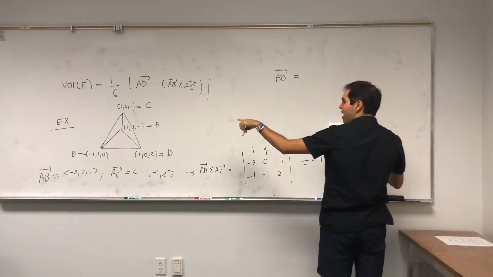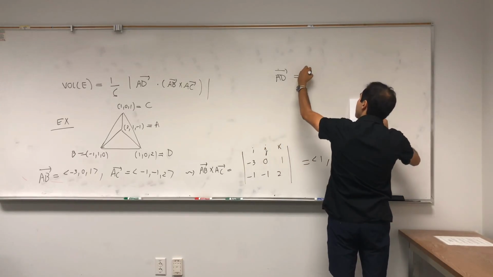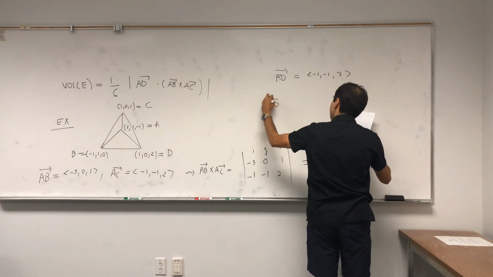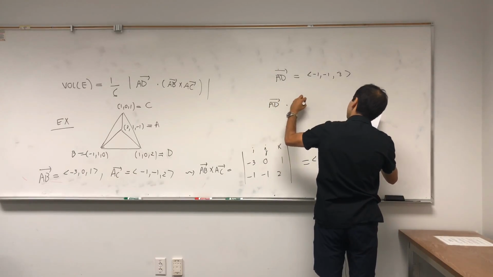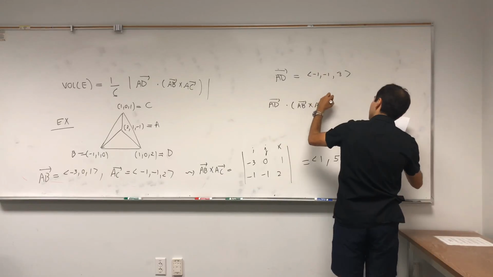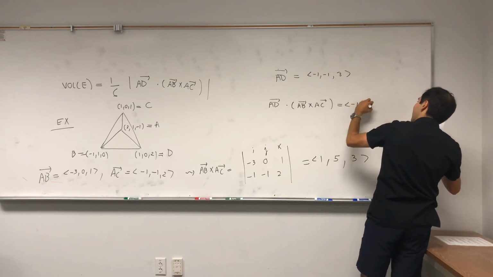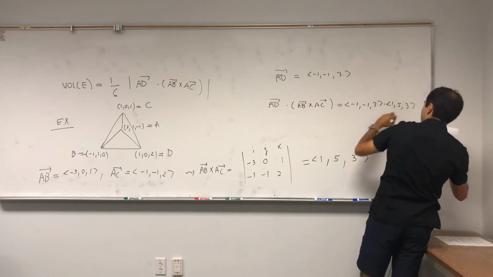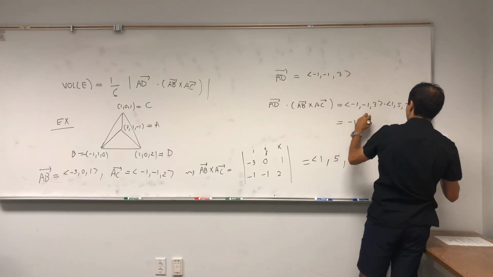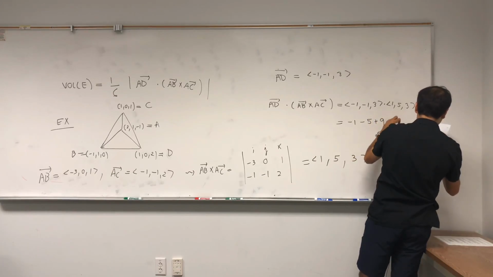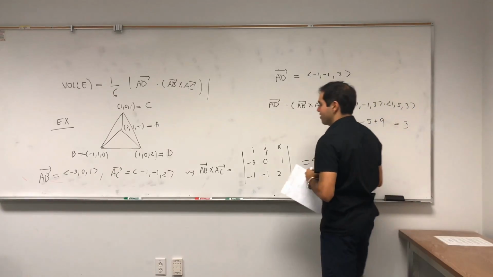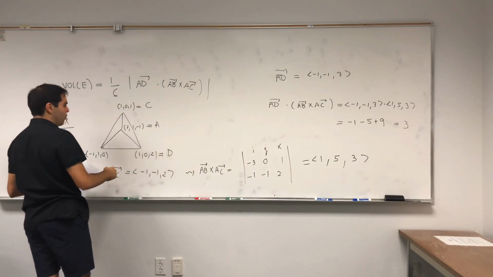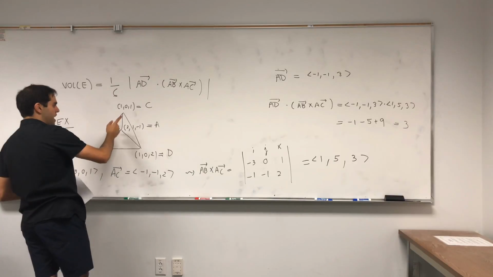Lastly, AD equals, I think, minus 1, minus 1, 3. So AD dotted with AB cross AC. That's minus 1, minus 1, 3, dotted with 1, 5, 3. And that's minus 1, minus 5 plus 9, and that's 3. So it is positive, and it sort of makes sense in terms of orientation, because what is ABC?